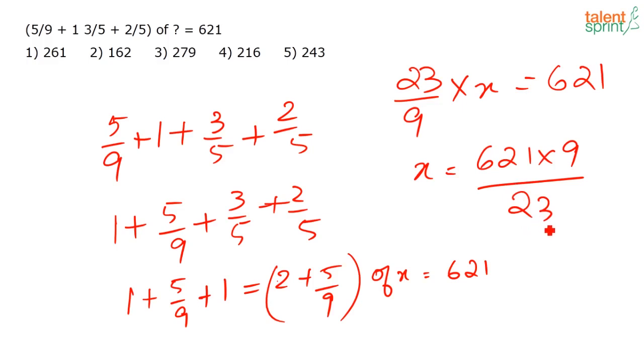So 3 into what will give you 1 in the last digit? 3 into 7. Correct? 3 into 7 is 21. So 621 by 23, this will be 27. If you know it otherwise, no problem, but for those of you who do not know whether 621 is divisible by 23, that's how you check.